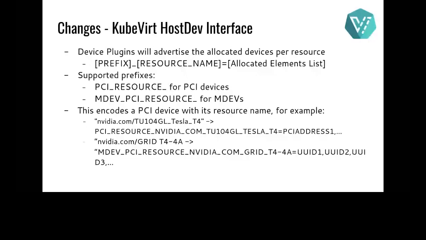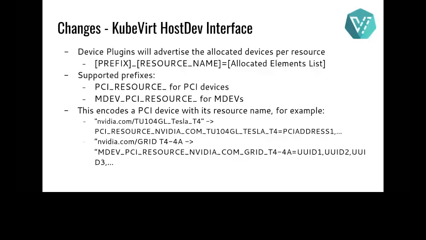This will allow us to correlate the allocated device to the API object and post additional configurations such as ROM bar for devices that require that. Or even going further, we can tag certain devices, and then using this tag, we could identify these devices and assign it to the guest for better identification or additional configuration inside the guest. And here's an example of how this may look for certain devices.